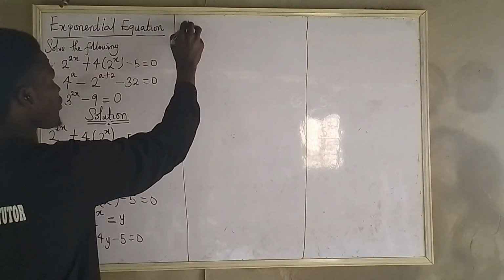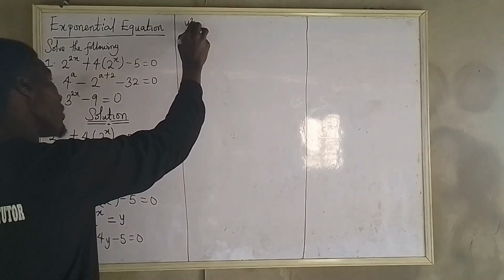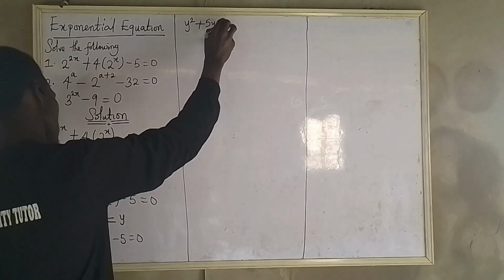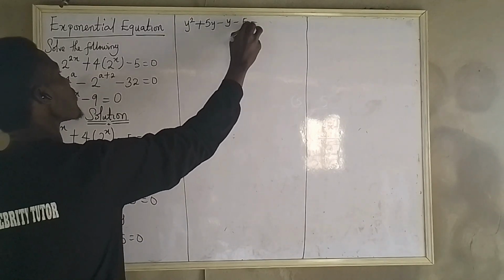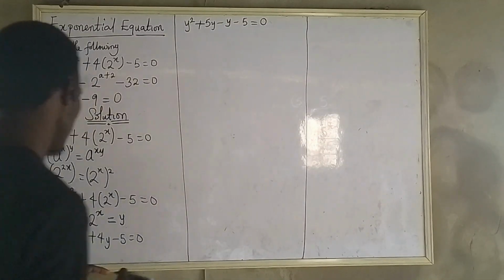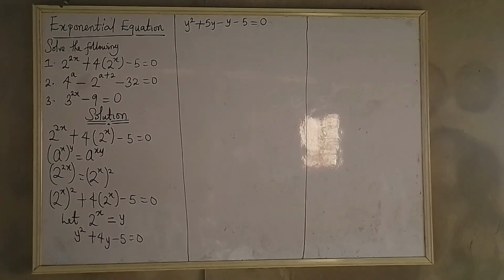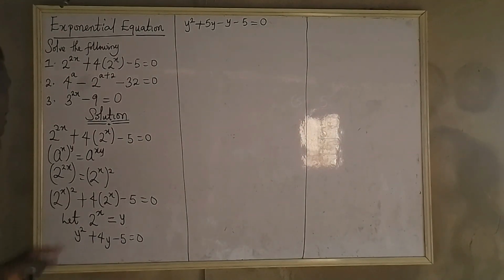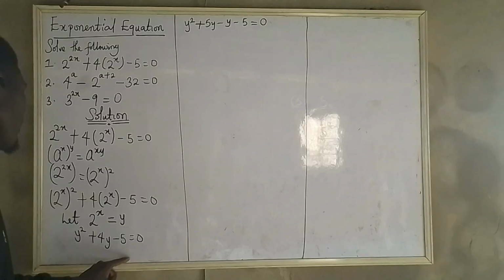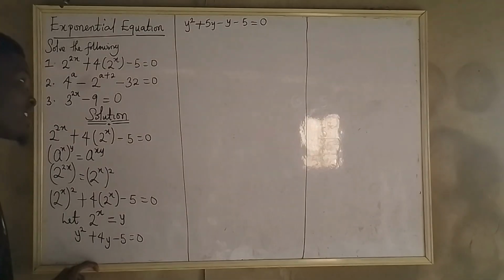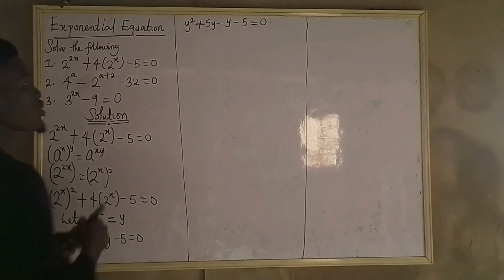So that means I'm going to have y squared plus 5y minus y minus 5 equal to 0. Yes, this is what I'm going to have, because 5 times minus 1 is minus 5, and the numbers added together give me 4. 5 minus 1 is 4.